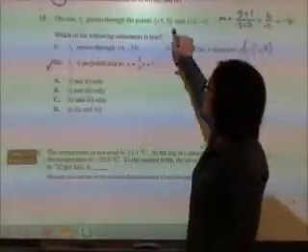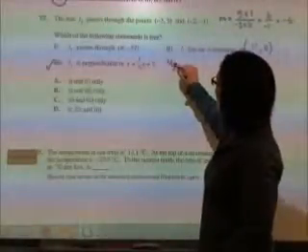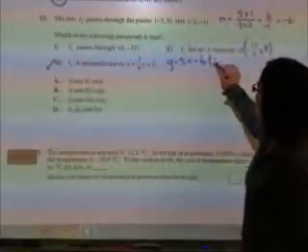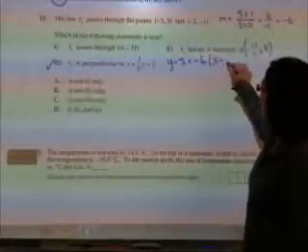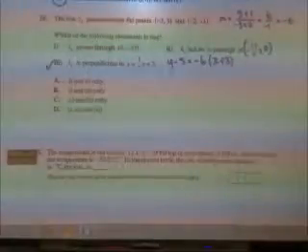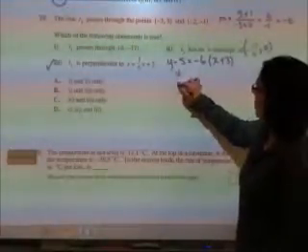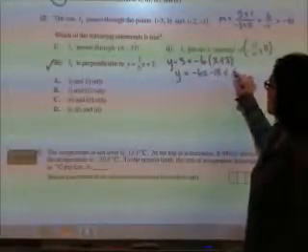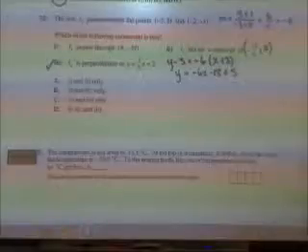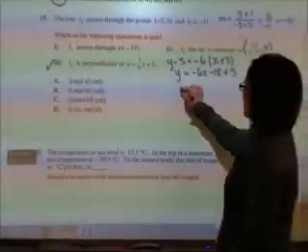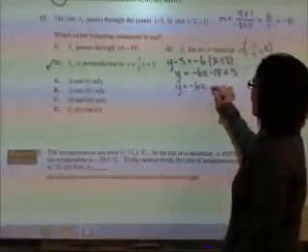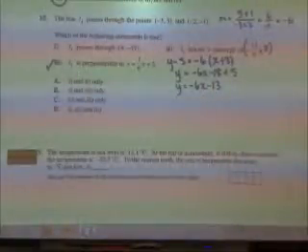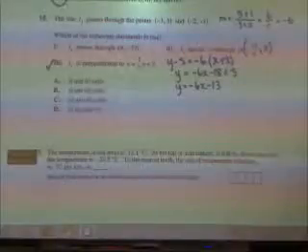So I can use my point slope form. y minus 5 equals negative 6 times x minus negative 3, which would become x plus 3. So I would get y equals negative 6x minus 18 plus 5, which would give me negative 6x minus 13. And then I can double check my 2 points.